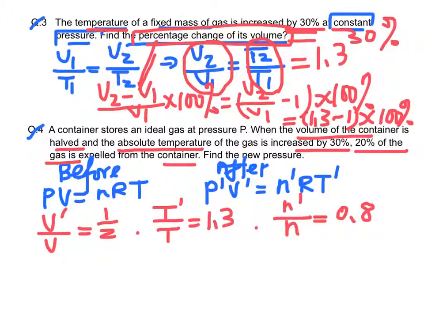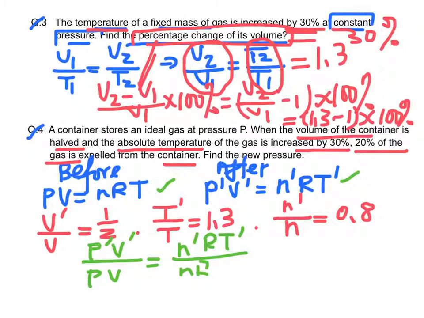By comparing these two equations, we got P' V' over PV equal to N' R T' over nRT, and substitute this ratio into the equation.